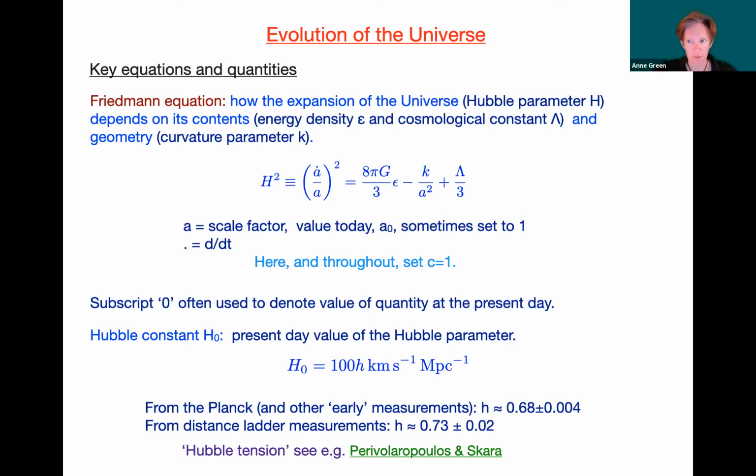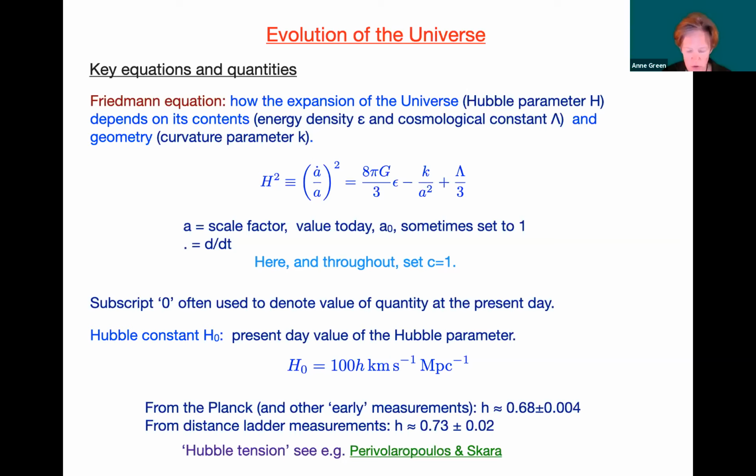It just tells us by what factor the universe has expanded in any given time. So here and throughout, I'm going to use dots to denote differentials with respect to time. I'm also going to follow the cosmological convention of setting the speed of light c equal to 1, so that mass and energy are essentially equivalent.